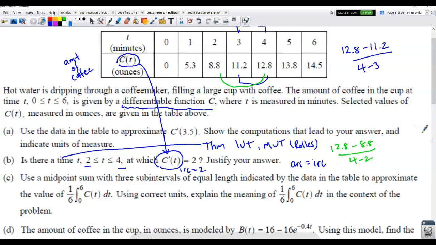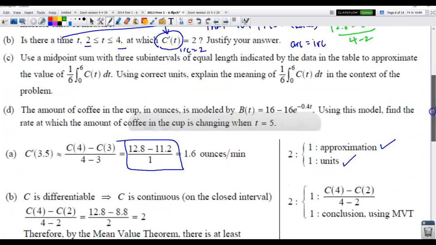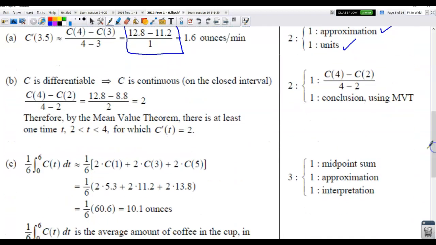And so let's look at the scoring rubric. So we have C is differentiable everywhere. C is continuous everywhere, and specifically on the closed interval from 2 to 4. When we calculate the average rate of change, which is what I was doing at the top, the average rate of change is 2.